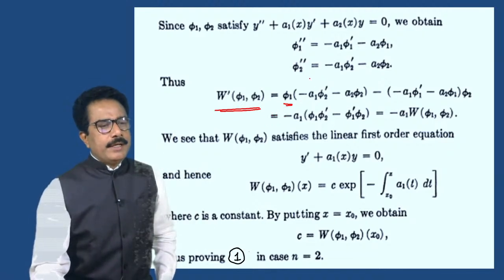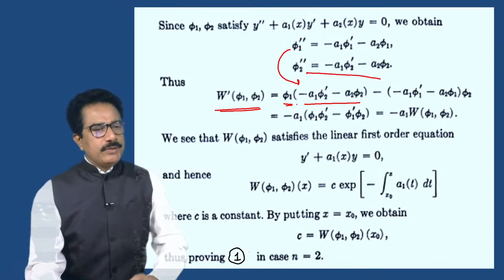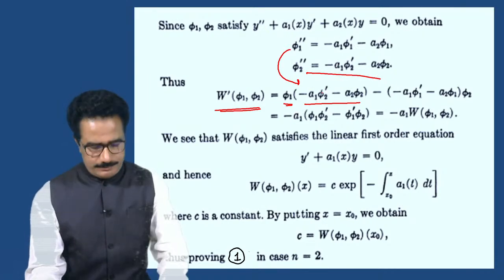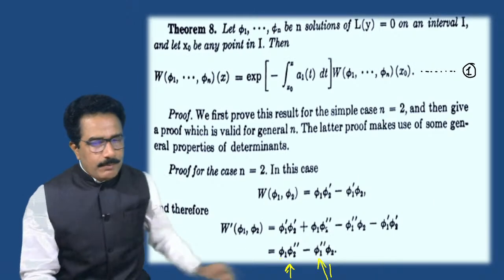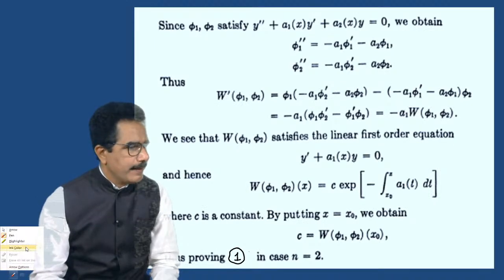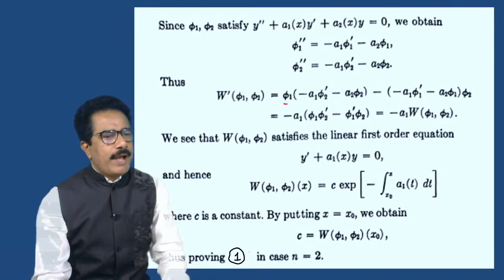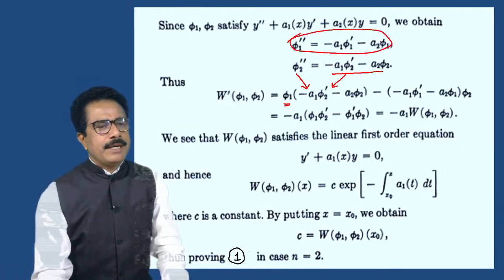So phi1 times phi2 double dash, with this phi2 double dash replaced, minus phi1 double dash, with this replaced, times phi2.